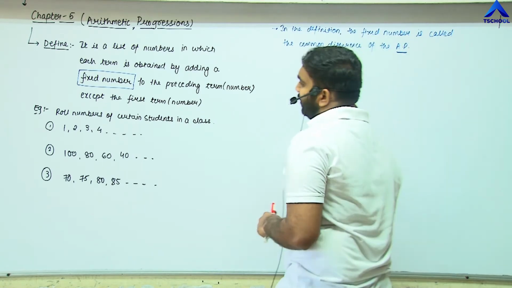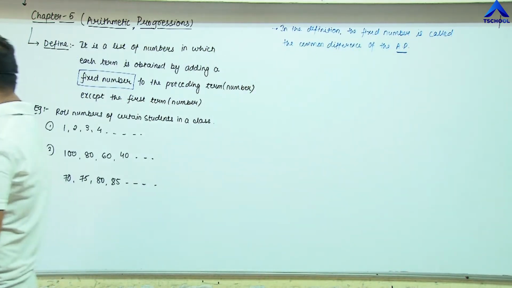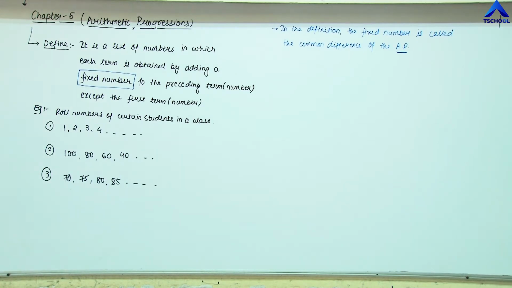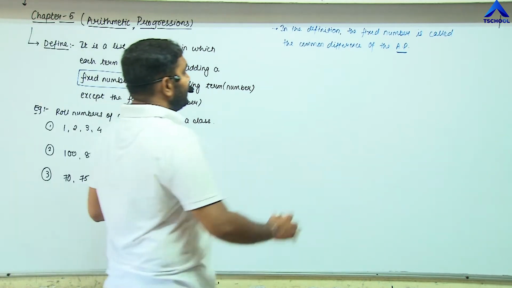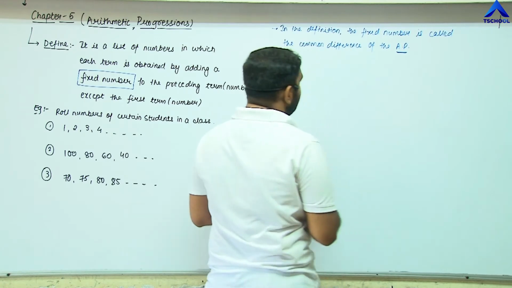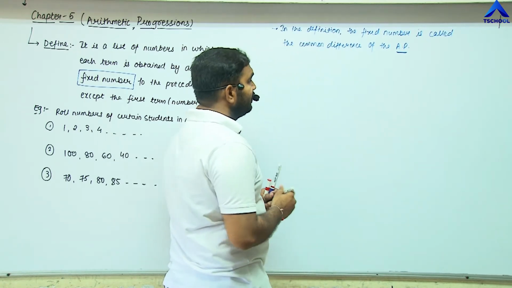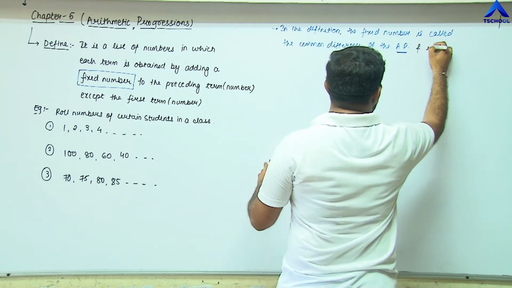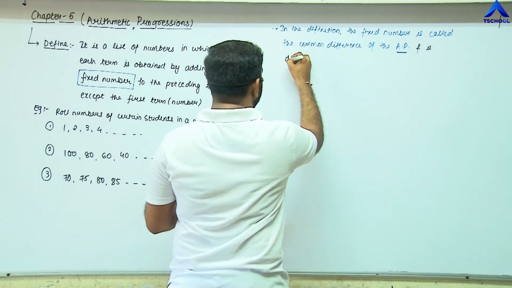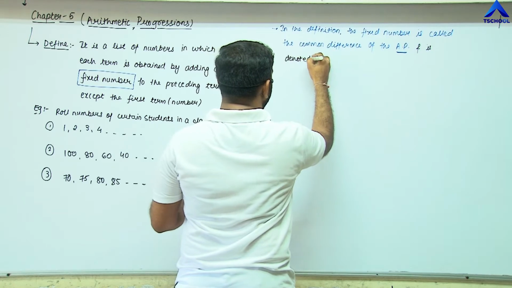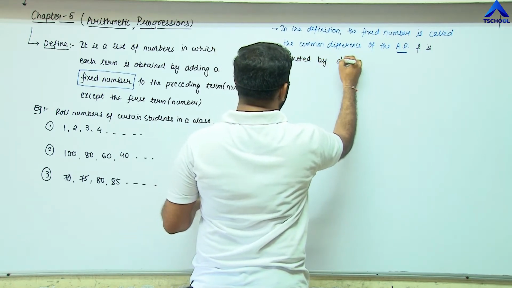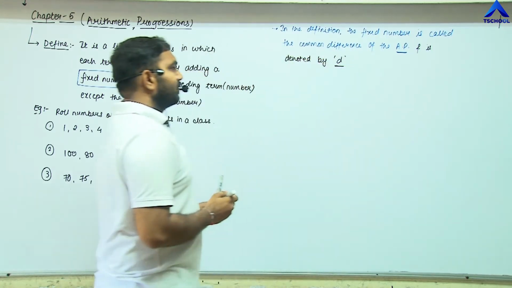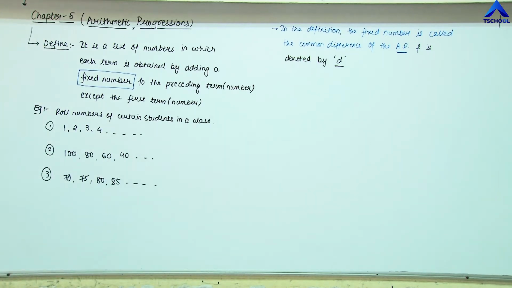See, friends, in short, arithmetic progression is written as AP, right? That means in the definition, this fixed number is known as the common difference of the arithmetic progression and is denoted by small d, right?